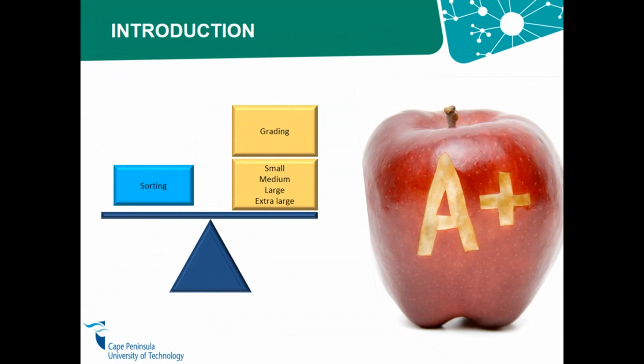So perhaps we are asking, how does this play out in real life? I gave an example in the beginning with eggs. Eggs are graded into small, medium, large, extra large. You also find what they call jumbo.